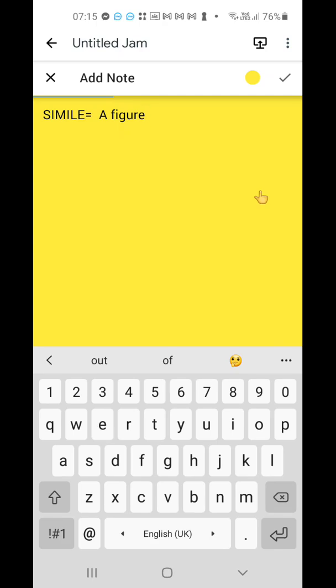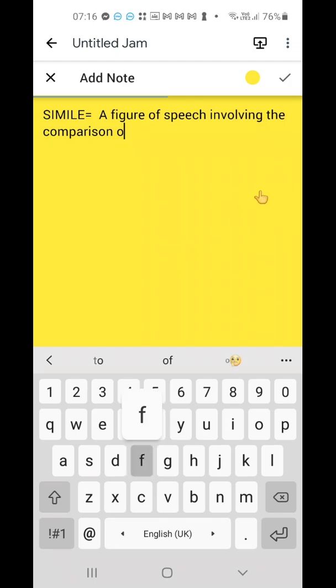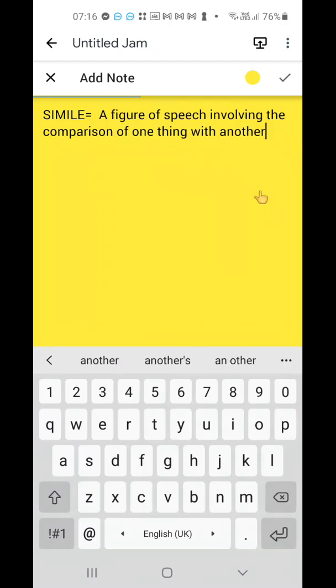A figure of speech involving the comparison of one thing with another thing of a different kind.